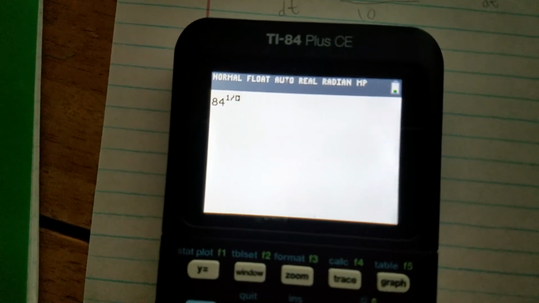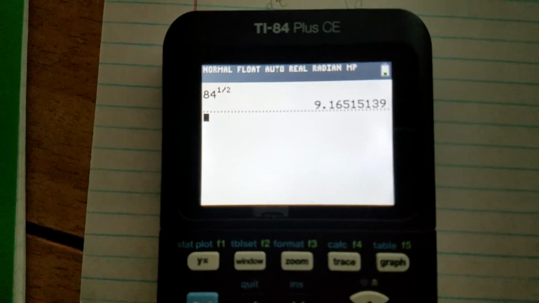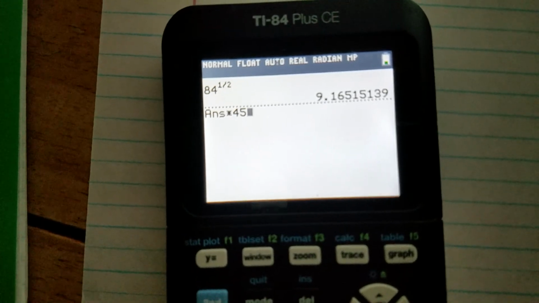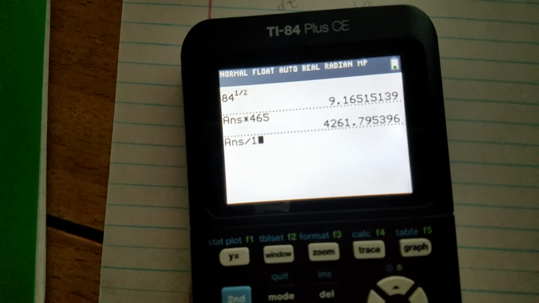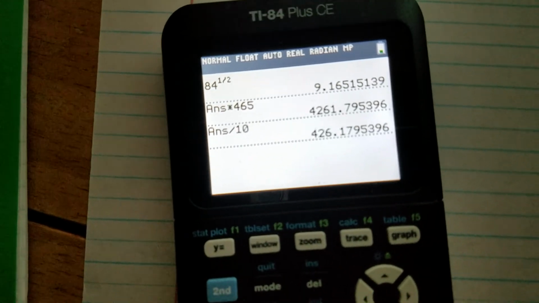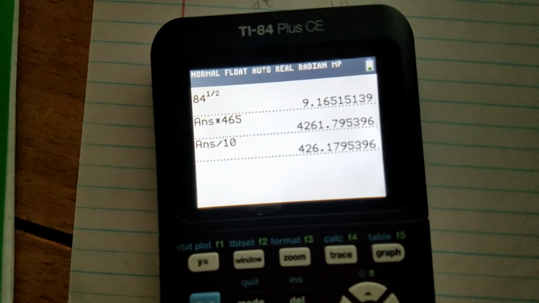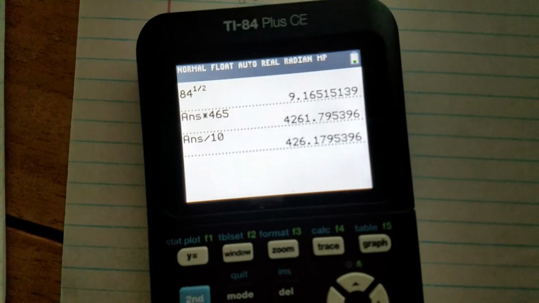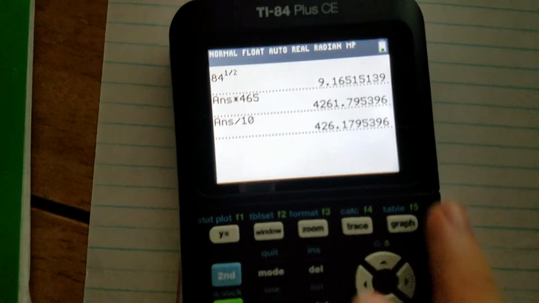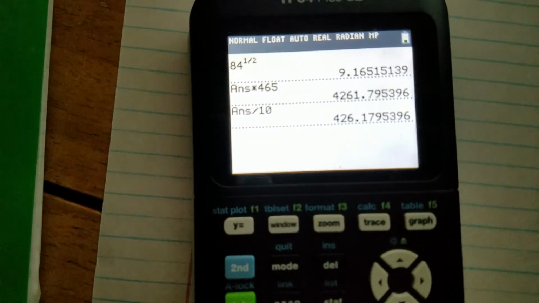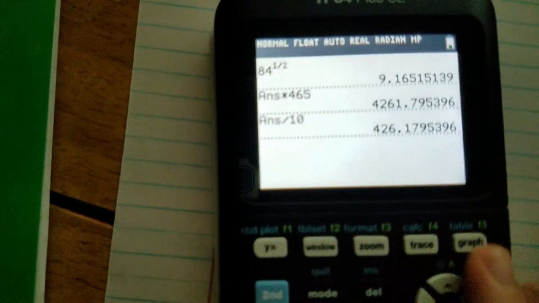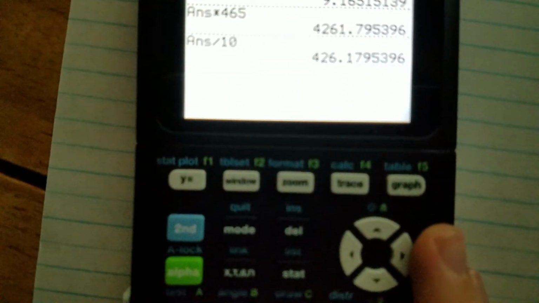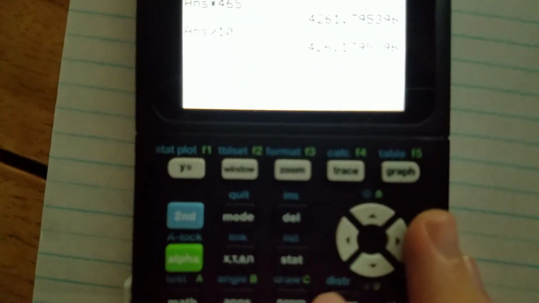84 square root times 465. Okay. 465 divided by 10. And that is 426.18, or 426.2, basically. I don't even think it says what to round to.